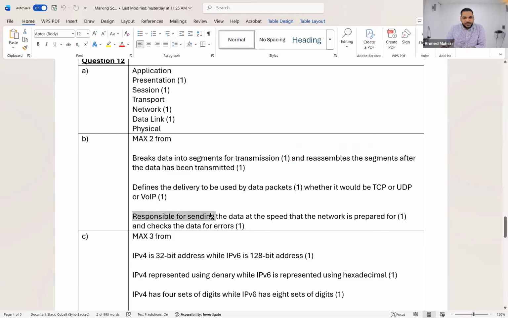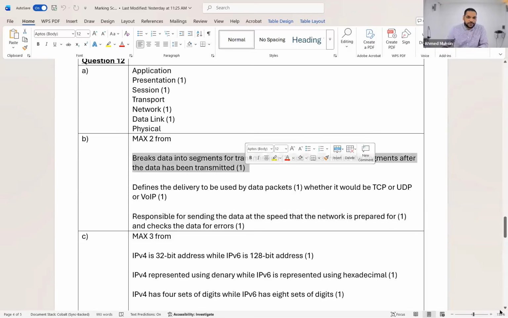So here, if it's live streaming, it will immediately switch to UDP. If it's an internet phone call, it will switch to VoIP, depending on the requirements of the network. But if you all can just note down this answer, something I never told you before: breaks data into segments and then reassembles those segments at the destination.